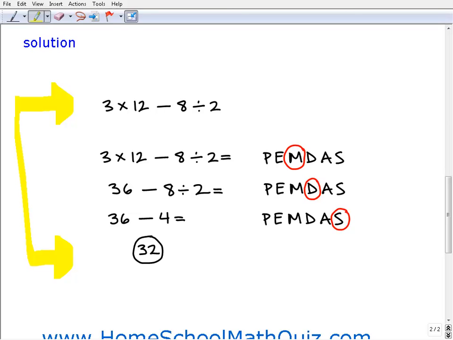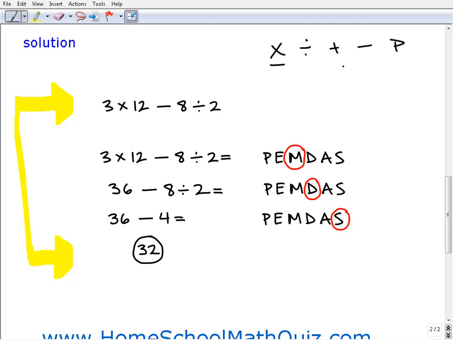So just like the name implies, it's the order of operations. And remember, in math, operations are things that we can do with numbers. So we can multiply numbers, divide numbers, add them, subtract them, take the powers of them. These are different things that we can do with numbers, and these are called operators or operations. So the order of operations is telling us what to do first.